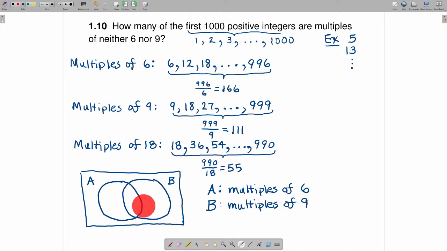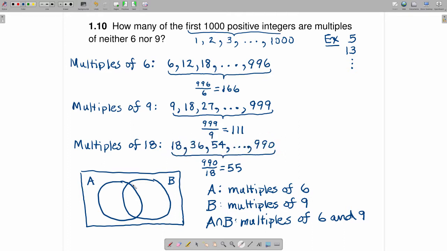So in this set right here, you will get 9, 18, 27, etc. Now, if you look at A intersect B, and that is the area in common with both of them, those happen to be the multiples of both 6 and 9, and those are the multiples of 18 here.